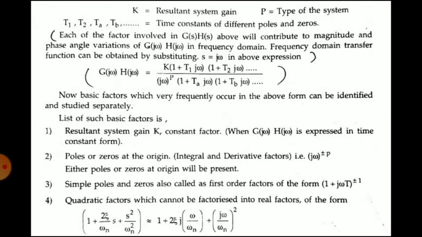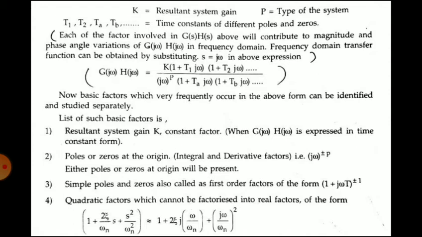So it will be G(j omega)H(j omega) equal to K into (1 + T1 j omega)(1 + T2 j omega) upon (j omega) raised to P (1 + Ta j omega)(1 + Tb j omega). Now the basic factors which very frequently occur in the above form can be identified and studied separately.